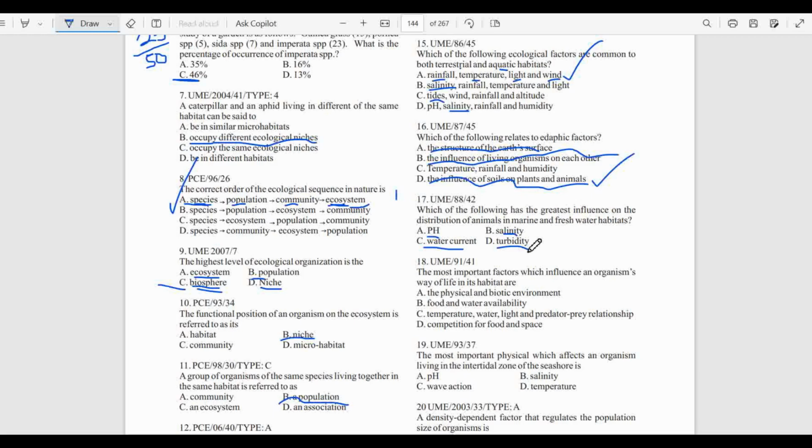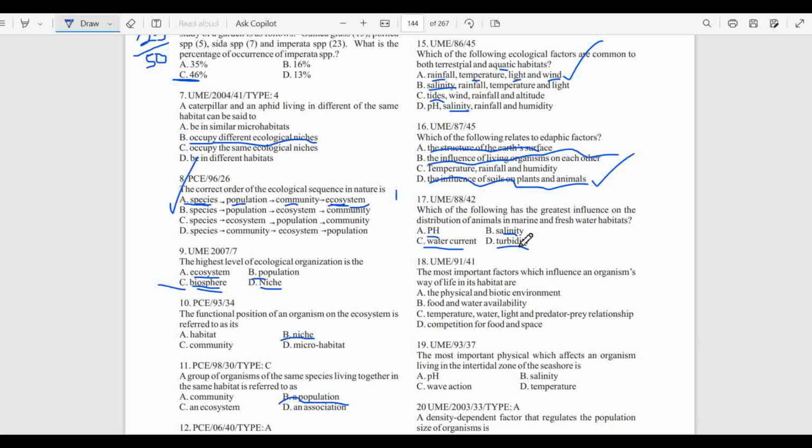Okay, so in other words, you are looking at what is common to both marine and freshwater habitats. Is that right? Because if you look at salinity, that's only common to marine, right? Water current would be more common to marine as well. Turbidity, I'm not too sure.